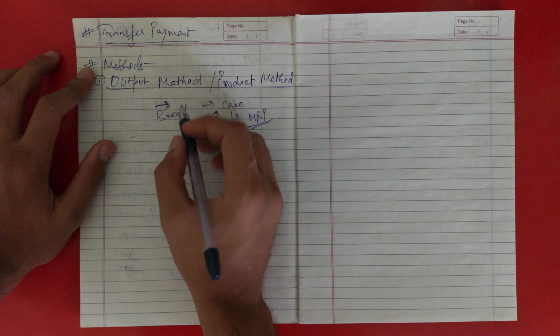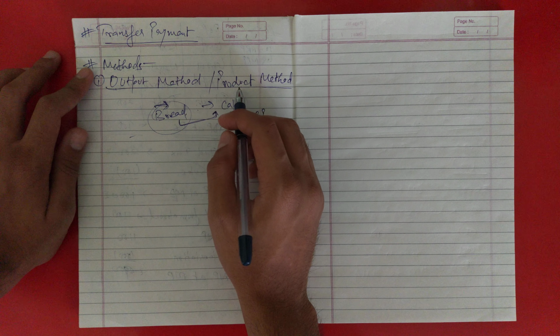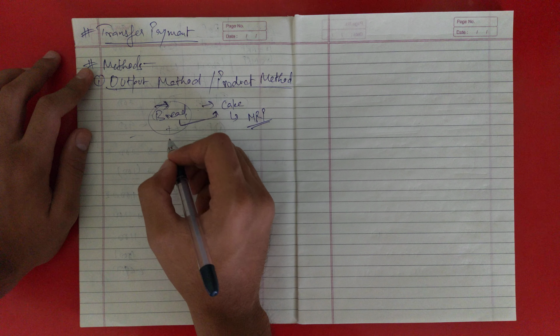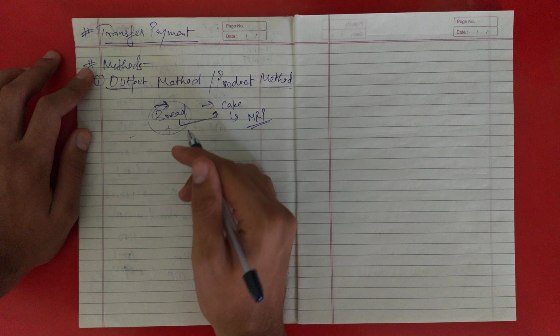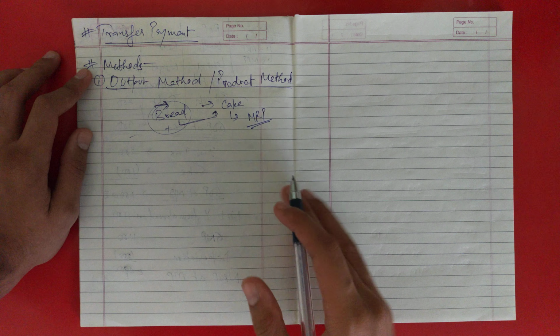So we don't have to add intermediate goods while doing the output method, because if we do, it will just lead to the double counting problem.